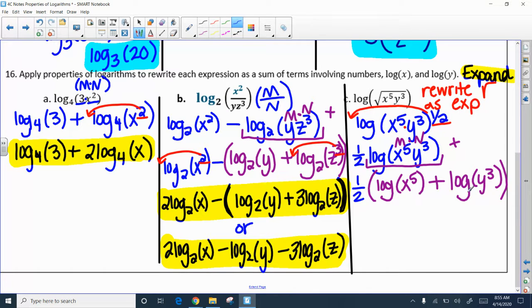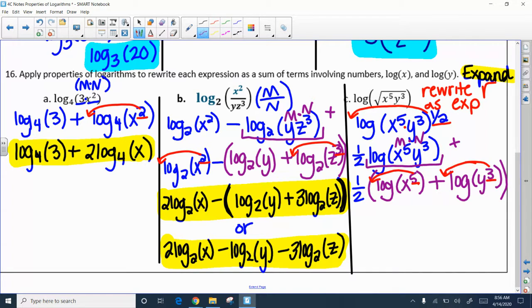So let's simplify this a little more. Now both of these have an exponent. So I can use that third property with these exponents. Both these exponents, this 5 can move to the front of this logarithm, and this 3 can move to the front of this logarithm.